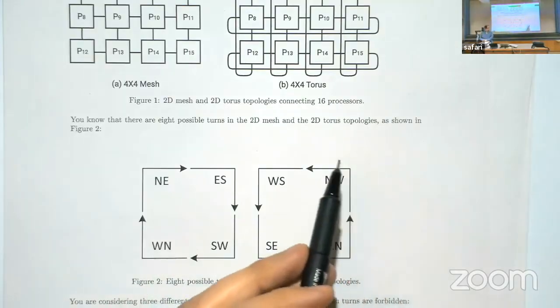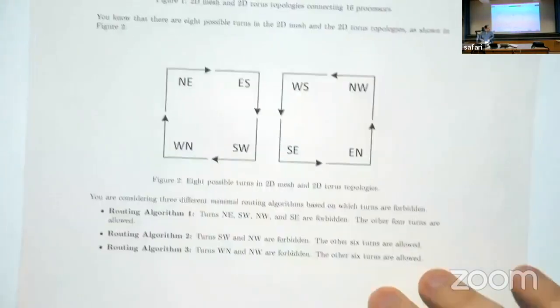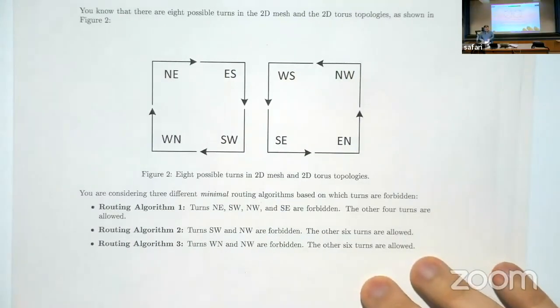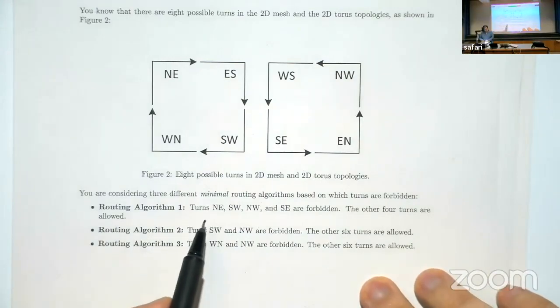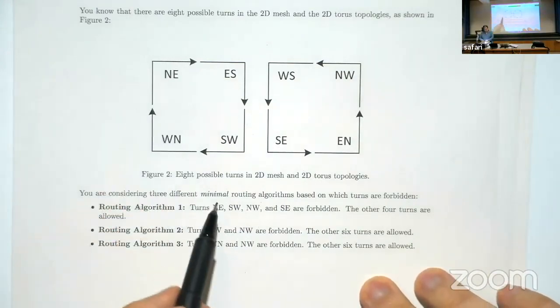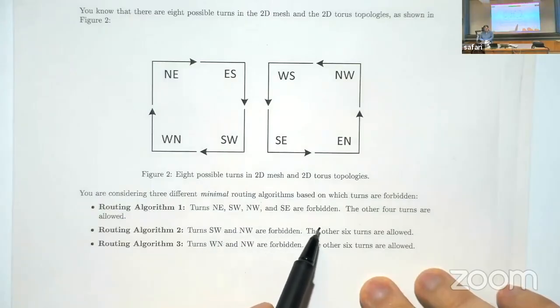And for counterclockwise, we also have 4 different turns. Here we have 3 routing algorithms. The first one, we are saying that turns north-east, south-west, north-west, and south-east are forbidden. The other 4 turns are allowed.